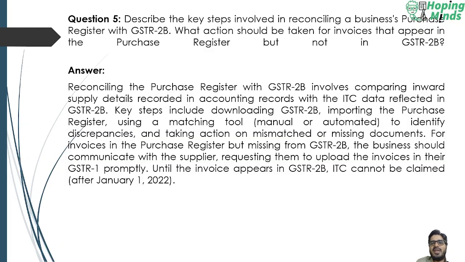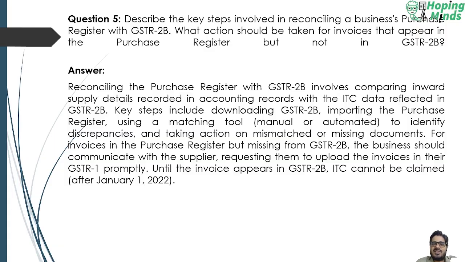Next, if the differences have been identified, like some invoices are appearing in our accounting records but are not appearing in GSTR 2B, then first we should identify if those invoices contain GST. If such invoices contain GST, then the supplier of those goods and services should be intimated about the missing invoices, and they can be requested to upload the invoices in the subsequent month's return.